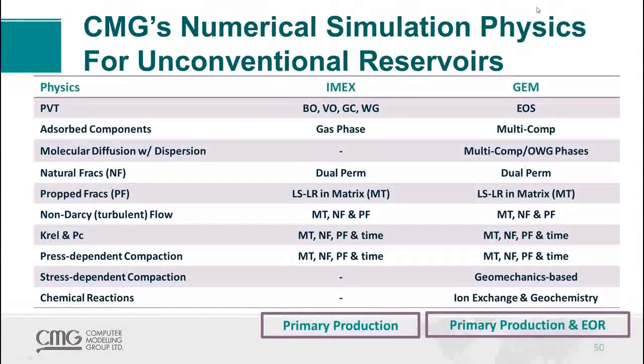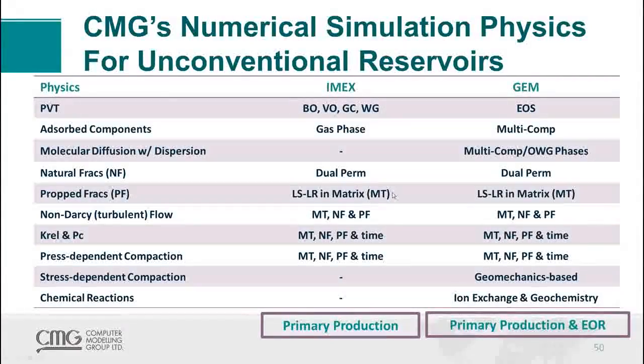Suffice it to say that both GEM and IMEX have the necessary physics to model these processes, everything from the correct PVT data to modeling adsorbed components to modeling natural fractures as well as prop fractures.